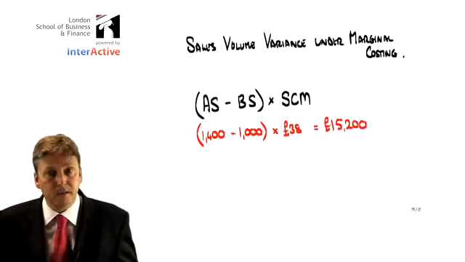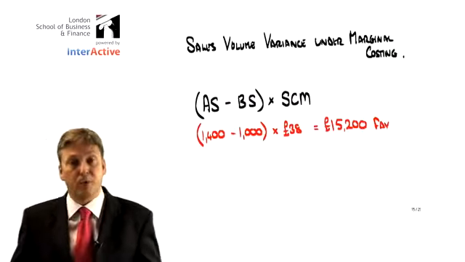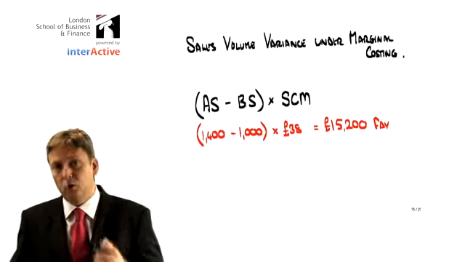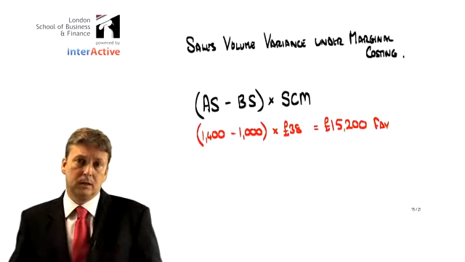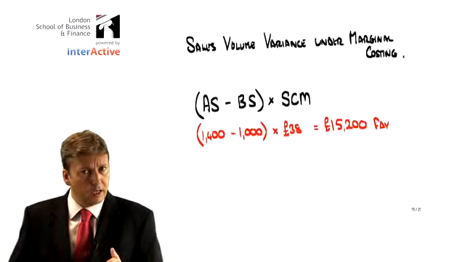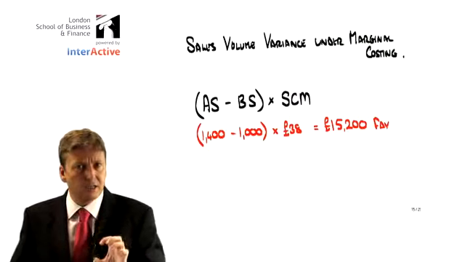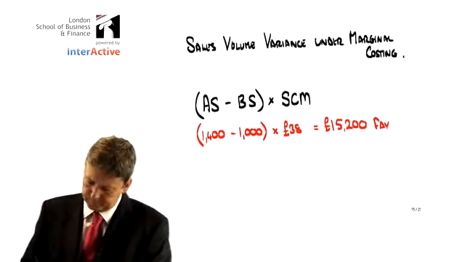Is that good or bad? Well, I think it's favourable. It's favourable because it's positive, and that's the deal we always play with. Okay. So what have we got here? Well, let's just go back and complete our analysis of marginal costing.